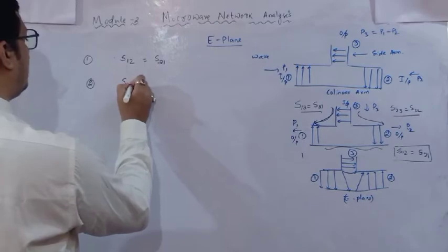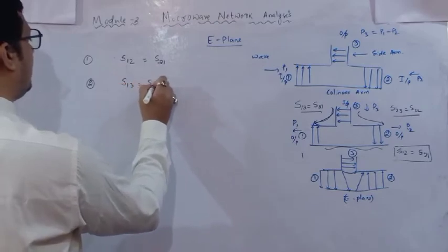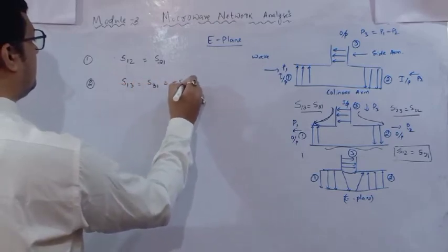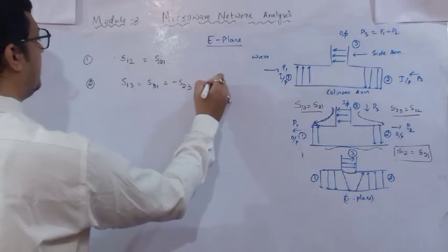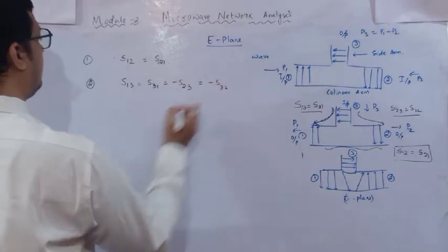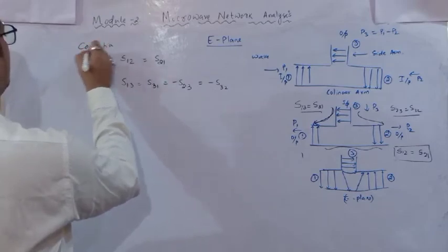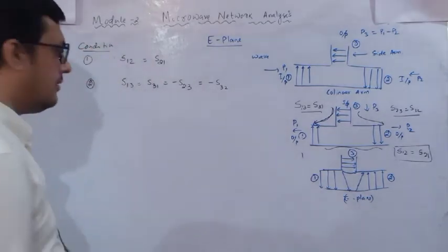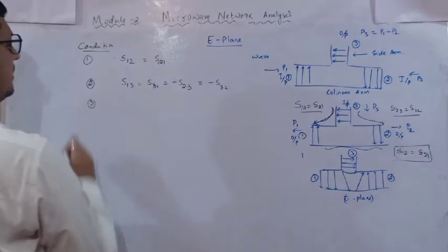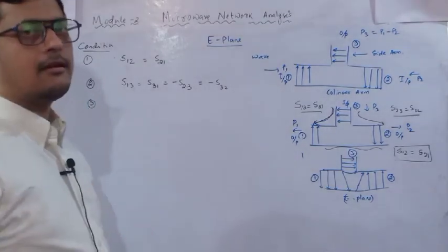So it is S13 is equal to S31 is equal to minus S23 is equal to minus S32. So these are the conditions, the assumptions we took. Done. Then the third assumption is that the diagonal elements are not 0.